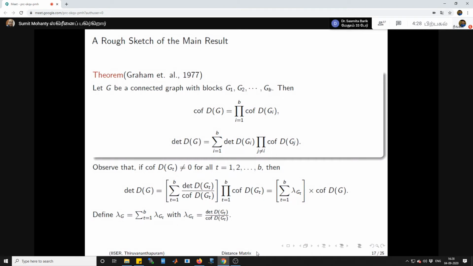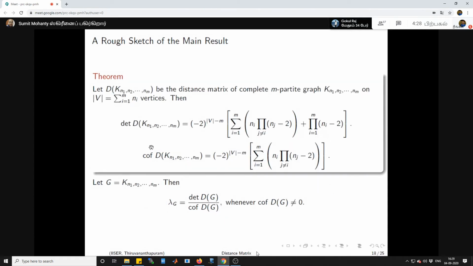So our individual block is a complete multipartite graph. Let us see what our individual block is. Take a complete multipartite graph, consider the distance matrix. Then we compute the determinant, and it turns out we find the determinant is like this and the cofactor is like this.